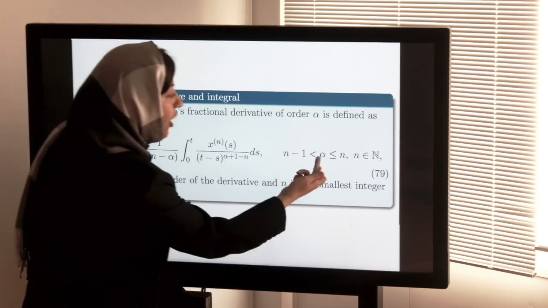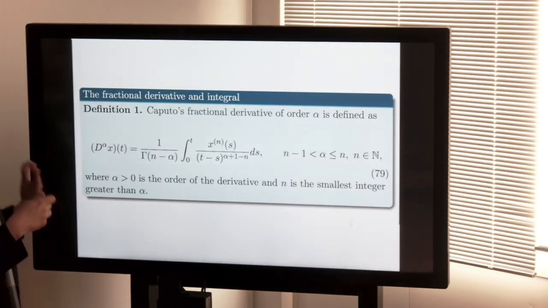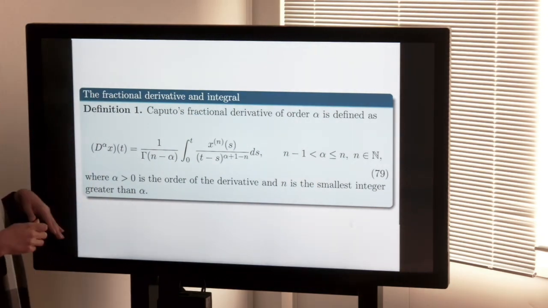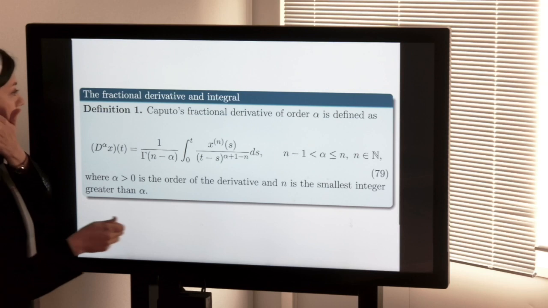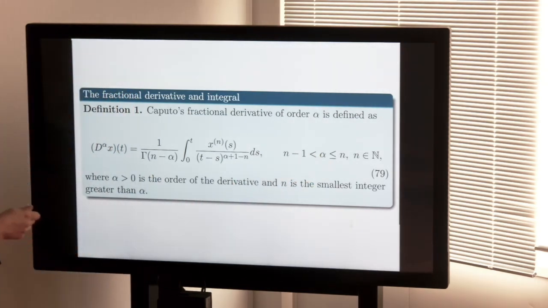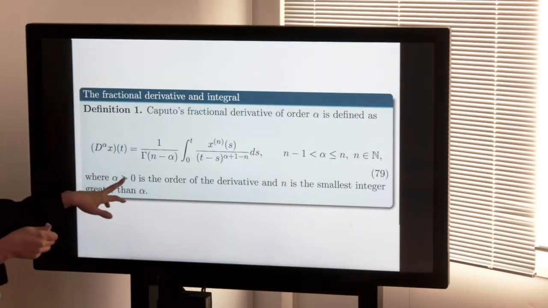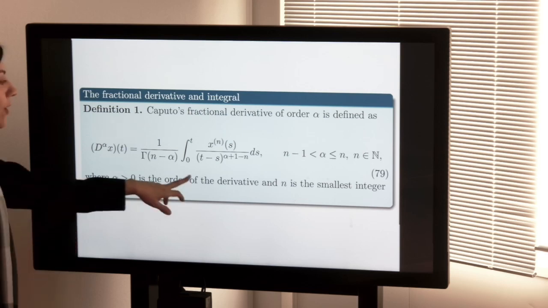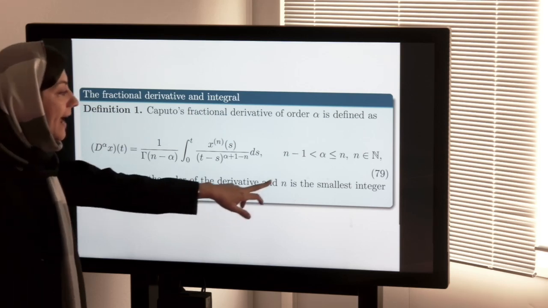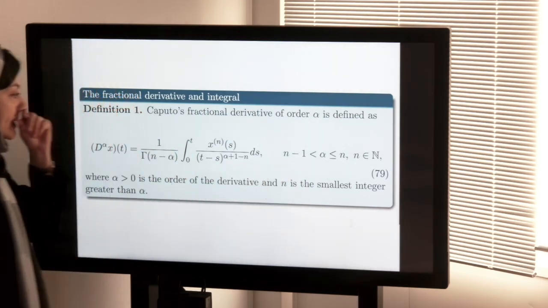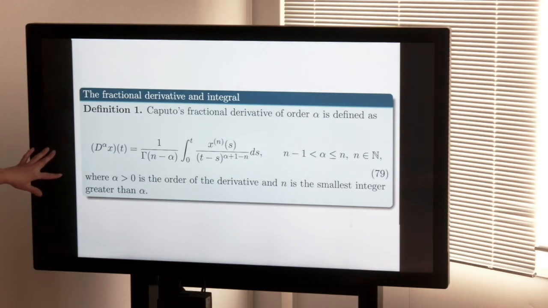And here, alpha is between n minus 1 and n, and it equals n. We say that alpha is the order of the derivative and n is the smallest integer greater than alpha.